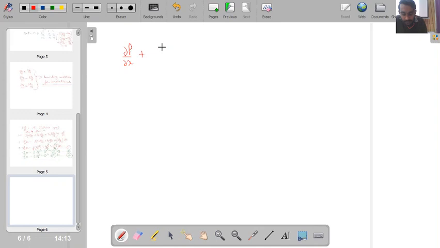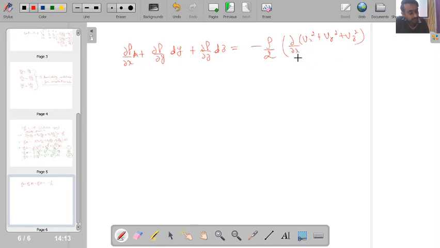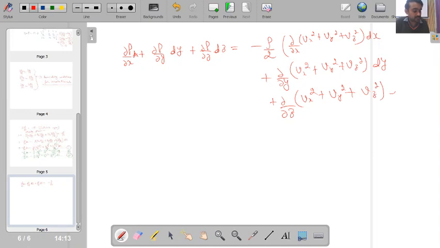Del p by del x into dx plus del p by del y into dy plus del p by del z into dz equal to minus rho by 2 times del by del x of Vx square plus Vy square plus Vz square, similarly plus del by del y of Vx square plus Vy square plus Vz square into dy, and del by del z of Vx square plus Vy square plus Vz square into dz.